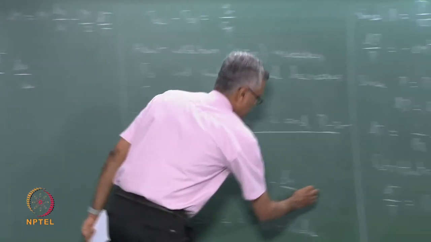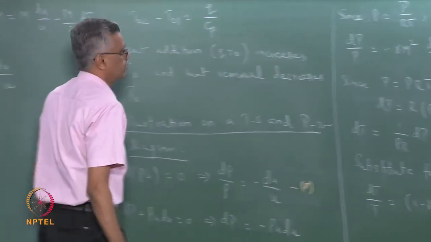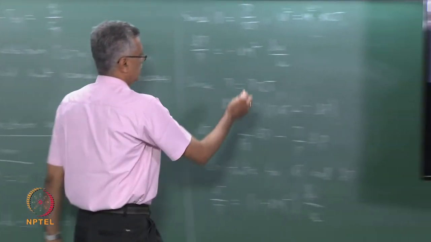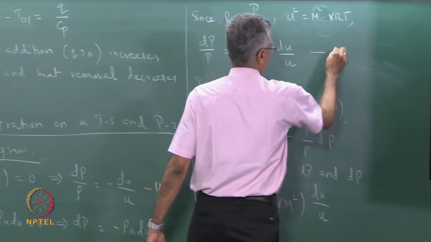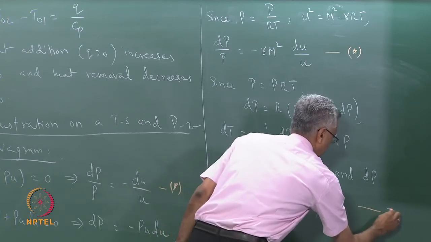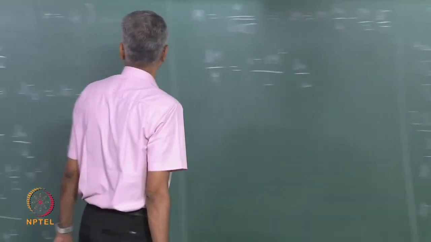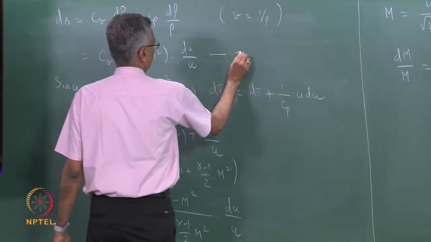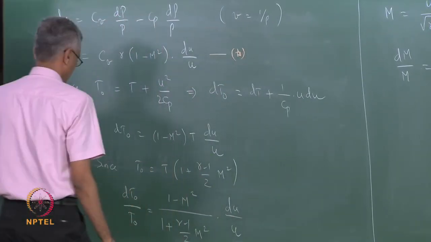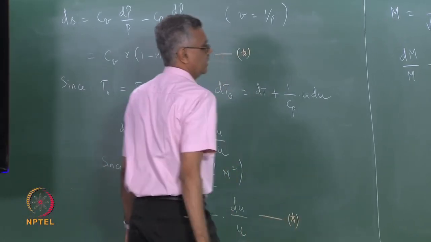So this is one equation which I am going to denote with a star. This is another equation which I am going to denote with a star. The third equation is this, and this, and this.